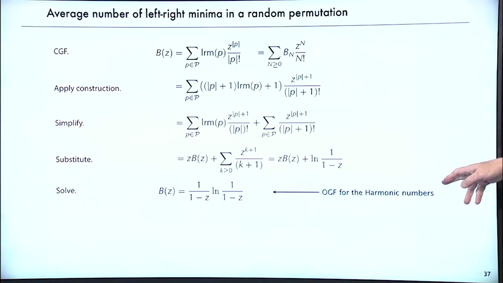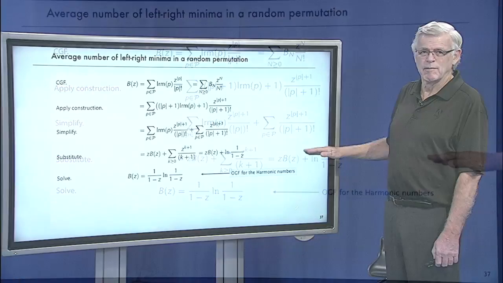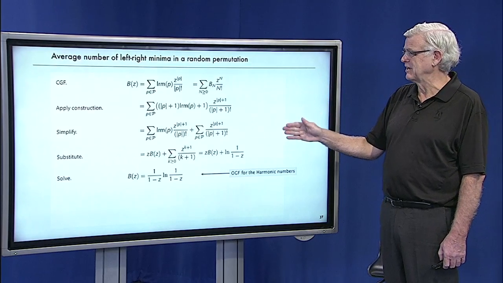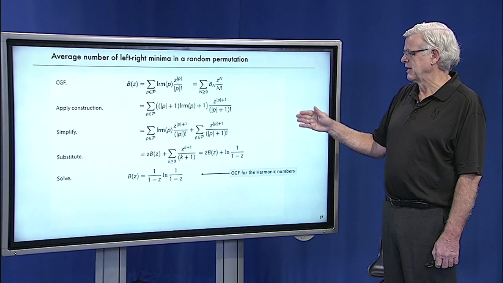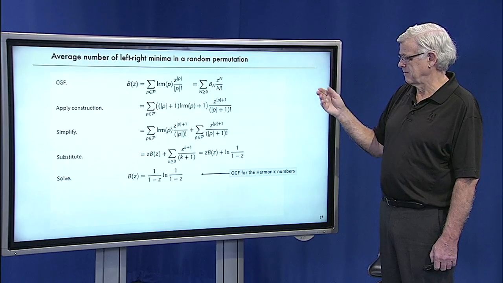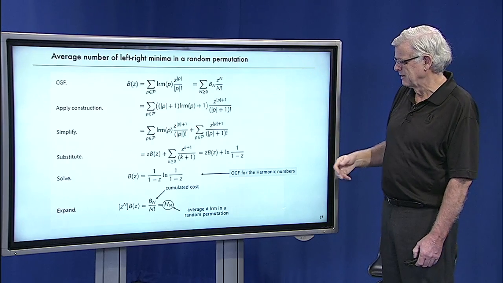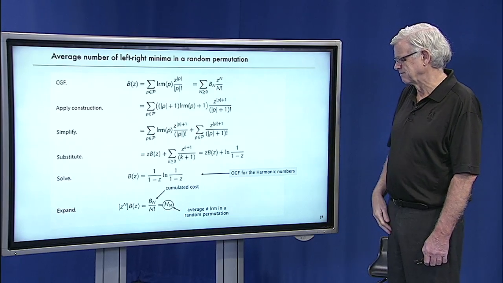And remember, that's the ordinary generating function for the harmonic numbers. And remember, our trick for permutations, if we just extract the coefficient of z to the n in that, then we get b_n over n factorial, which is our average number of left to right minima, and it's just the harmonic numbers.